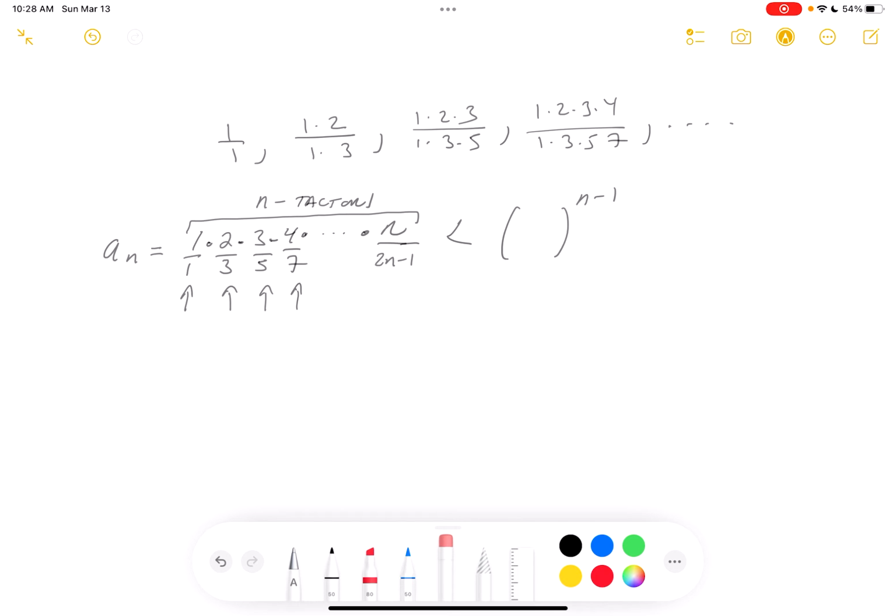Let me erase this over here. And I'm going to say n minus 1 factors. And that's all I'm looking at, these guys over here. The 1 in the beginning, it's just 1.